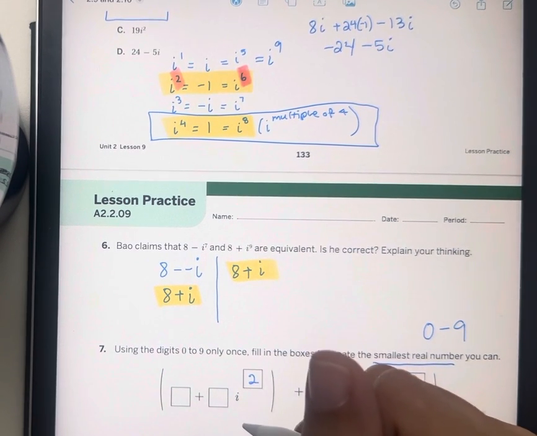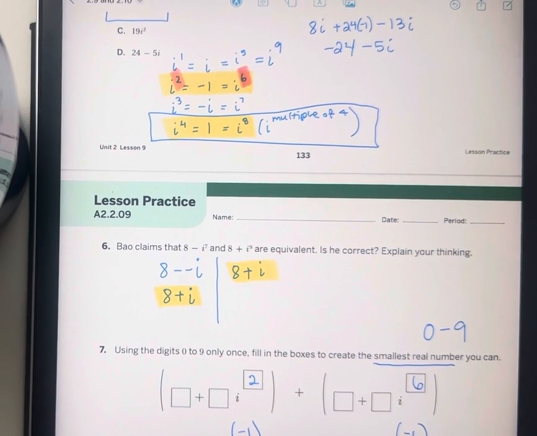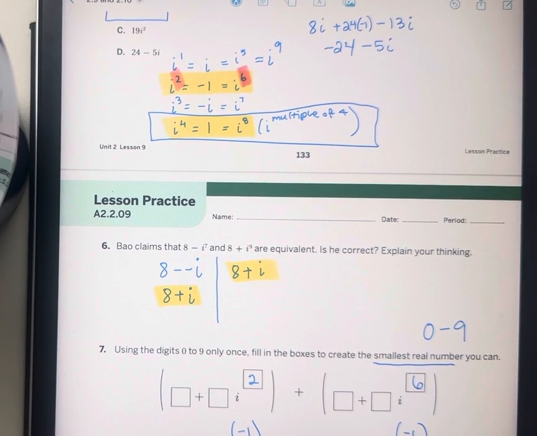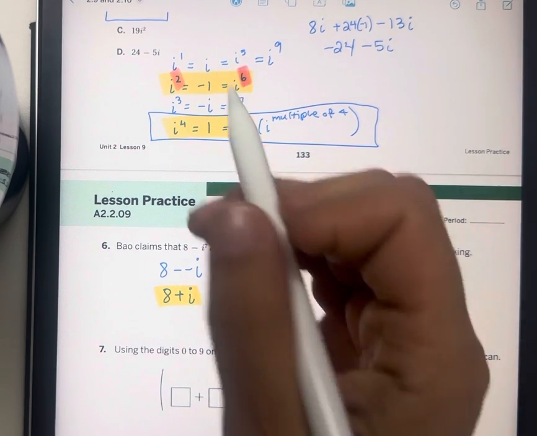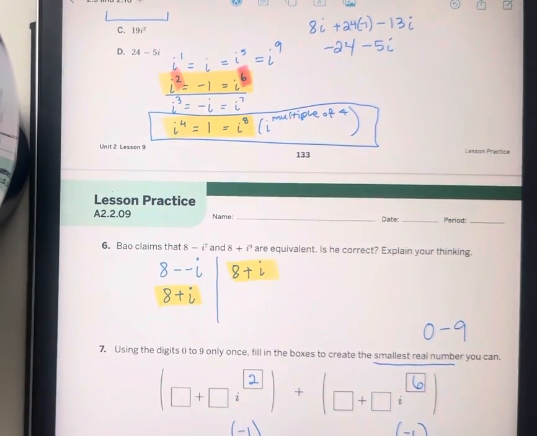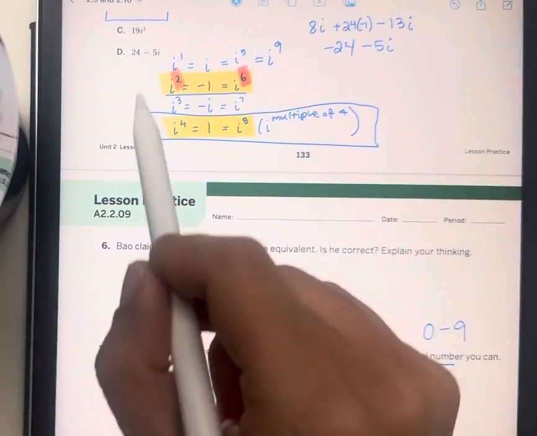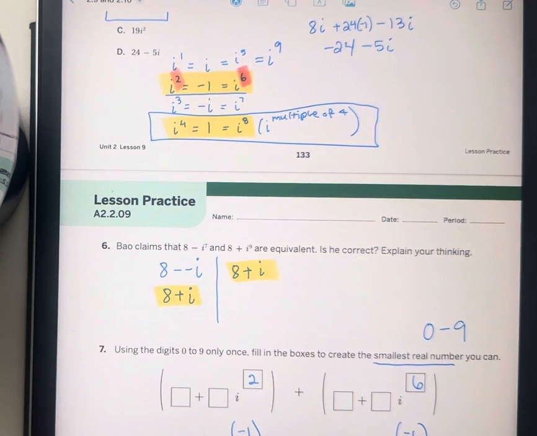What that's gonna do is turn this portion of each of these into negative 1s. Does that make sense? Because i to the 2nd and i to the 6th are both negative 1 right here. And the reason I picked 2 and 6 was because out of all the options on real numbers I could pick, this came out the smallest. Negative 1 was the smallest I could get.